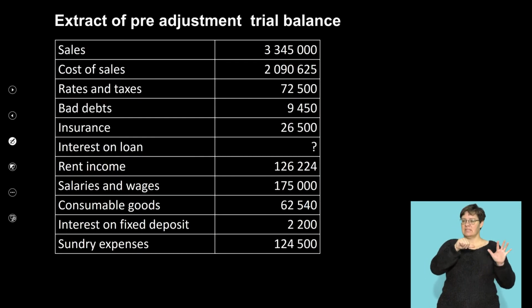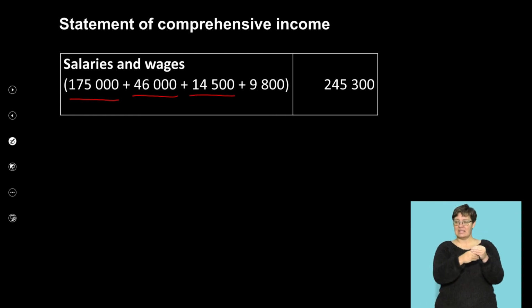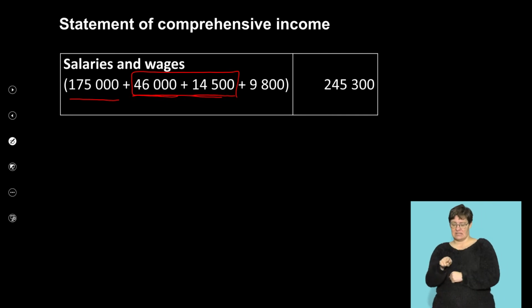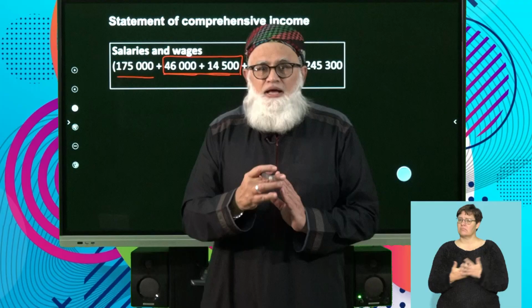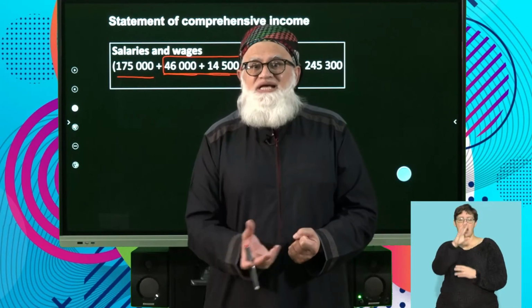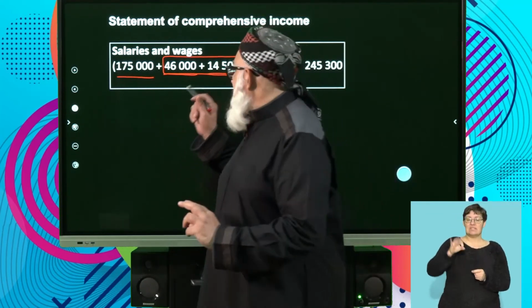So therefore, you take your salaries and wages of 175,000 as your starting point. There's your 175,000. Add your net salary plus your deductions. So in other words, that is your gross salary, right? Okay, now, very often you find some businesses including the employer's contribution as part of salaries and wages, like I've done here.